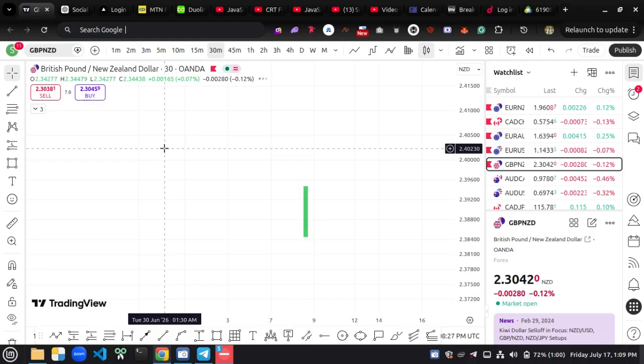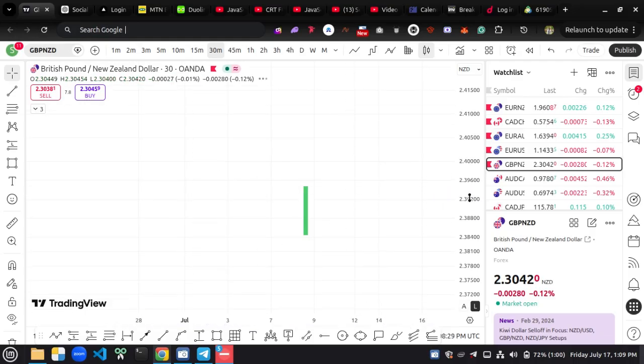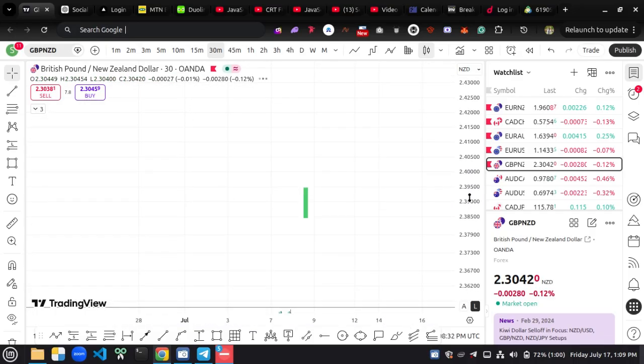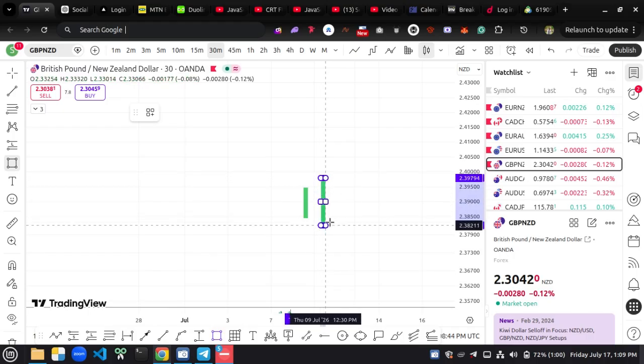When you come to TradingView for the first time, it's very easy to open. You can open it with your Google account, right?